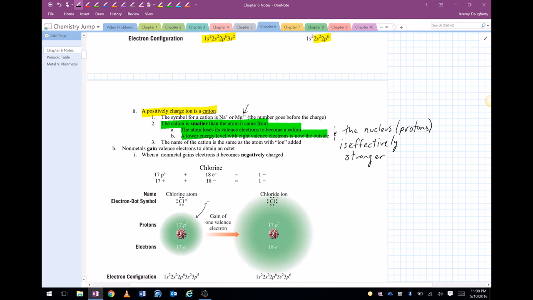Alright? So to name the cation is just the name of the metal and then you add ion. So it's sodium ion, it's magnesium ion, it's silver ion, zinc ion, aluminum ion. You get the idea. Alright, let's talk about nonmetals. Nonmetals gain valence electrons in order to have a full outermost s and p orbital.